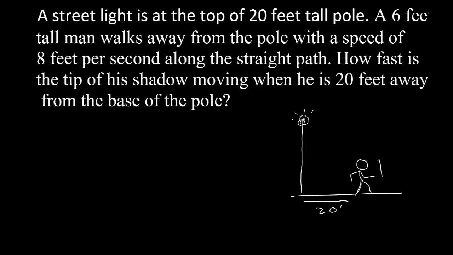And the height of this man here is 6 feet. And that one is 20 feet. So we make a diagram like this. So it is like that. Now let me say that the length from here is x and that one here is y.